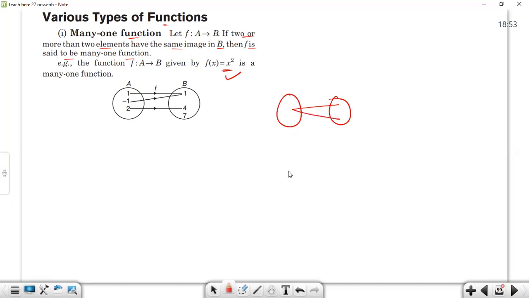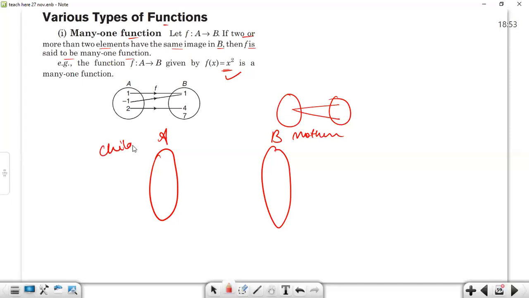There's a special analogy given by Neha ma'am on YouTube. She says that set A, set B: this is a set of mothers, and this is a set of children.